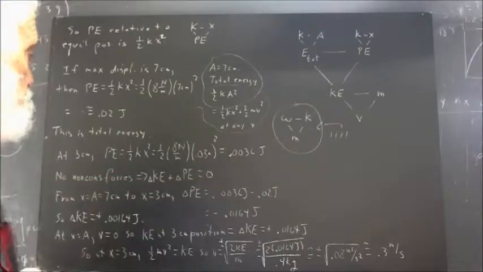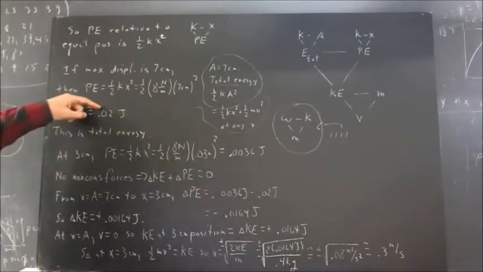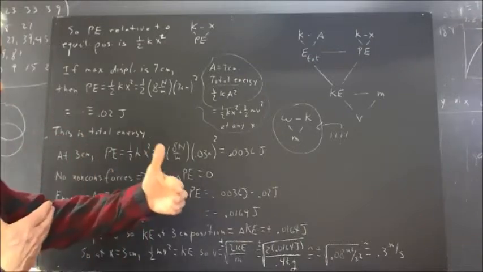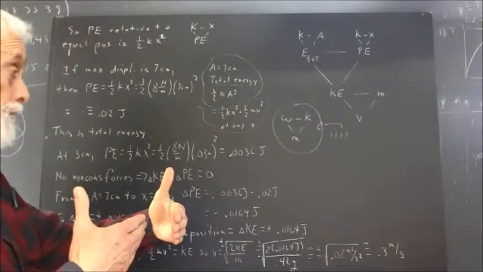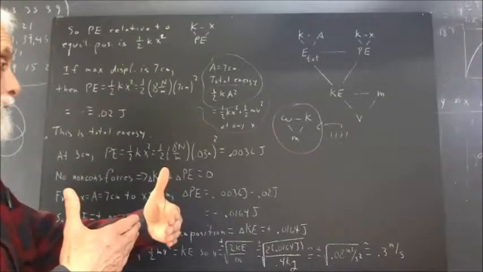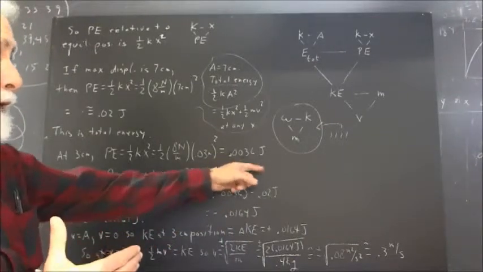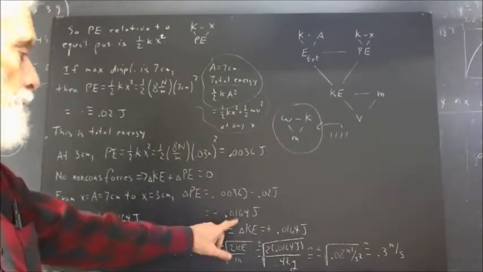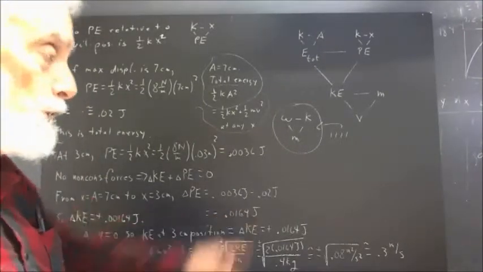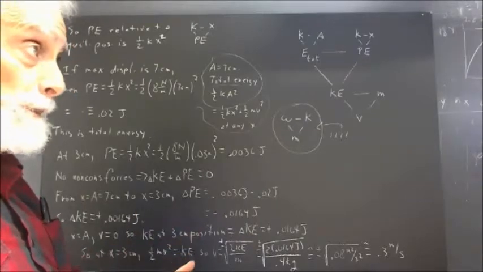Now, potential energy at maximum displacement is 0.02 joules. You get to the 0.03 meter displacement, and potential energy is down to 0.0036 joules. So that's a loss of 0.0164 joules of potential energy.